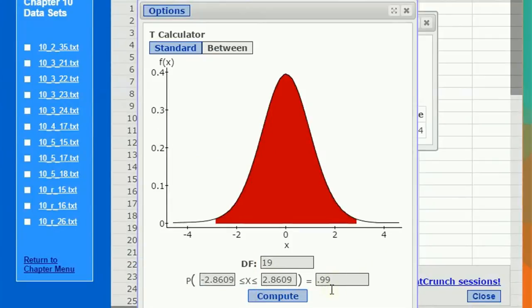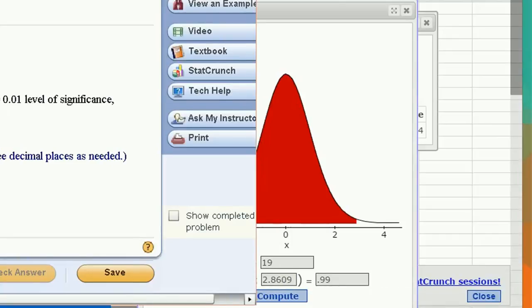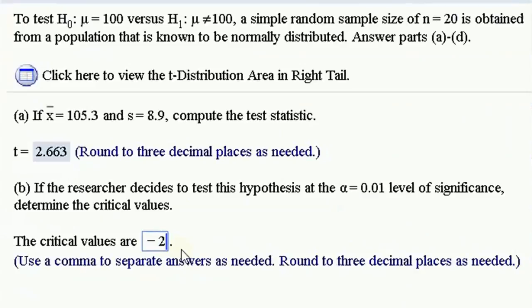Click compute, and we're going to get cutoffs that leave 1% split between the two tails, 2.861. So this is asking for the two critical values. I'm going to put them in, negative 2.861 and positive 2.861.